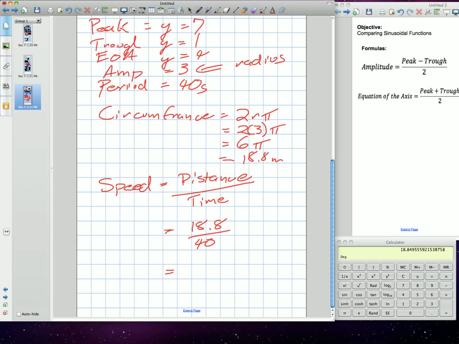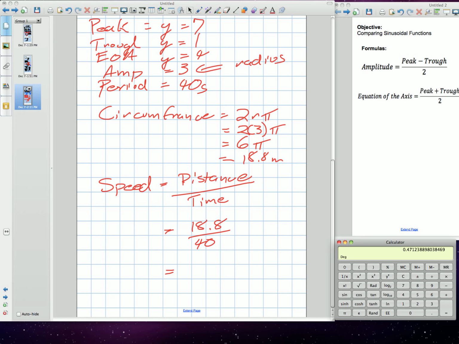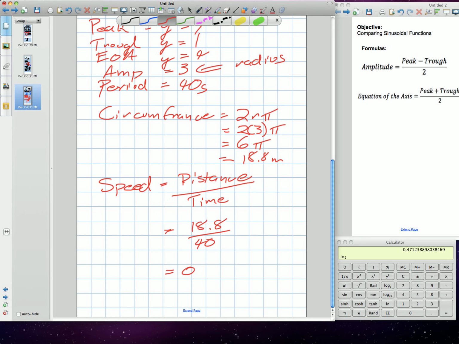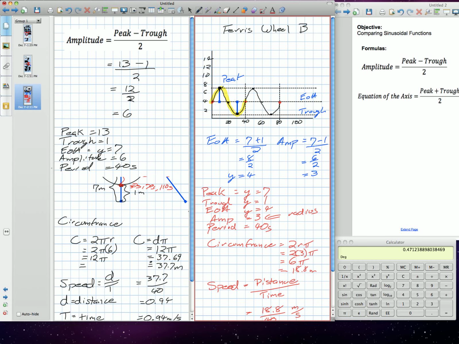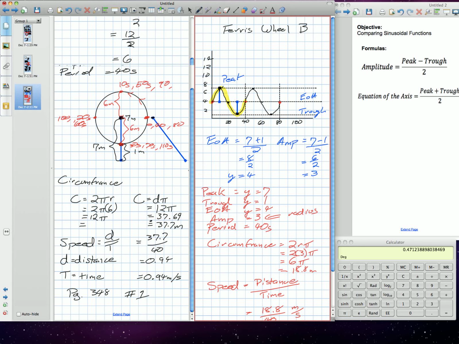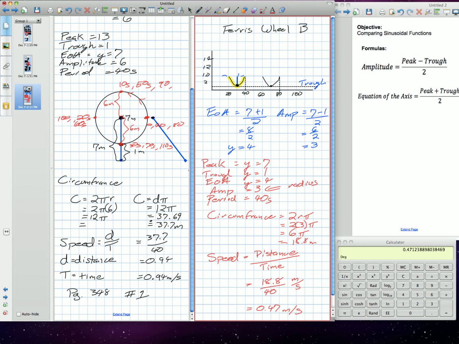So our speed will be 18.8 divided by 40, 0.47. That will be in meters per second because our top one is in meters per second. So this is much slower than Ferris wheel A, and this is Ferris wheel B. Amplitude will be the same as your radius.